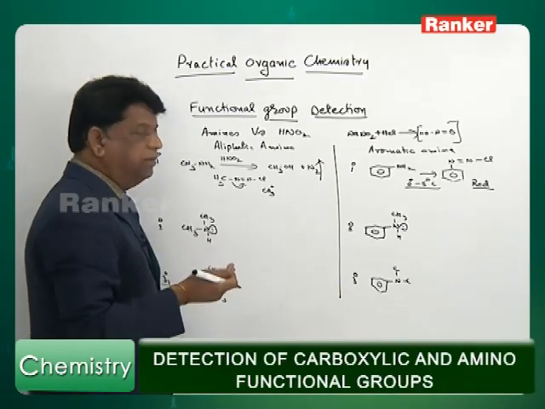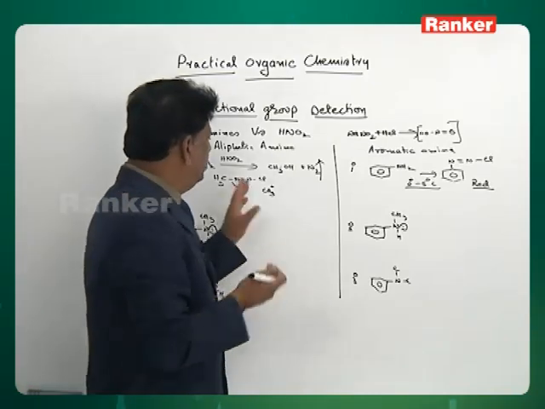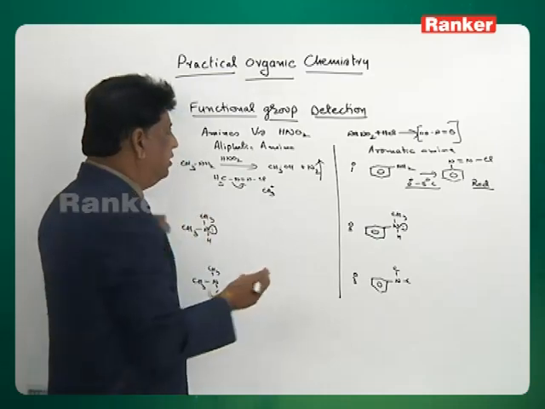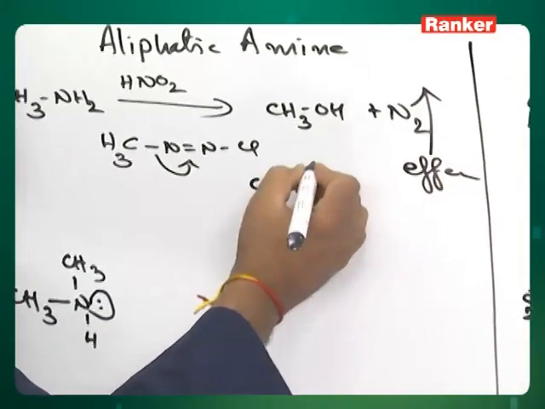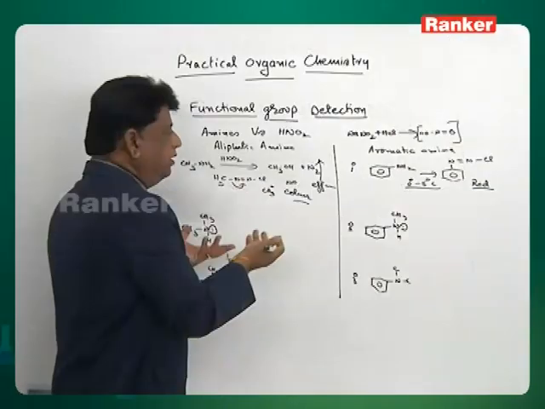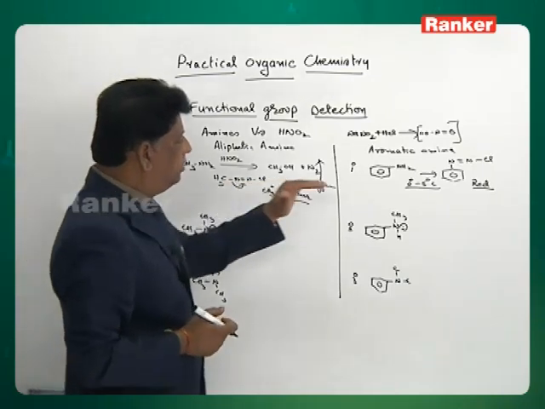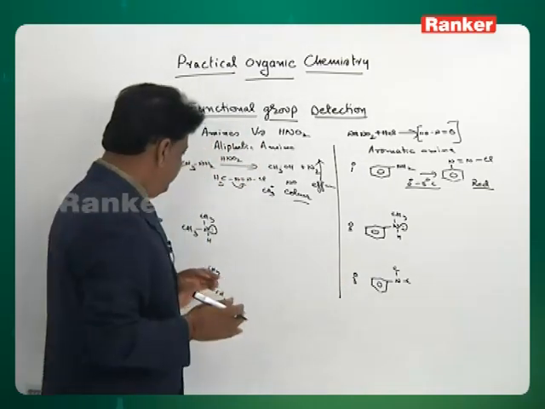You can convert it by adding water into phenol later. In the aliphatic 1 degree, color is not formed, it is colorless, but effervescence of nitrogen gas is observed. In the aromatic 1 degree, red color is formed, and no nitrogen gas is liberated.